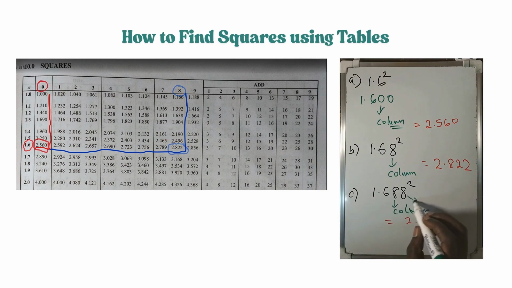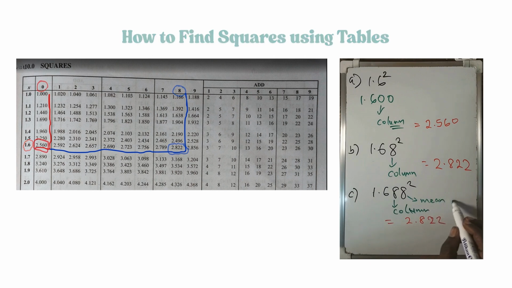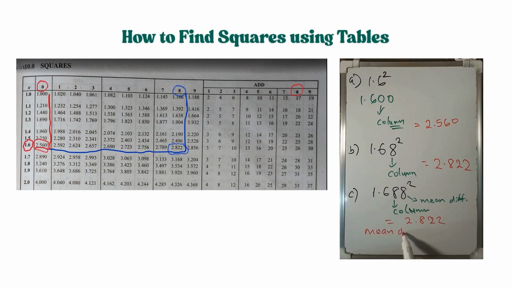For this fourth digit, we look at the mean difference. For 1.68, in the mean difference section under column 8, we get 26.